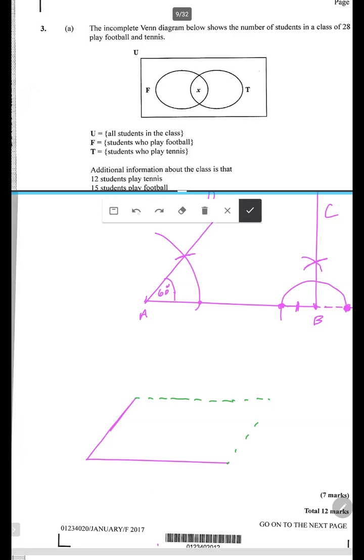So as I said, to get that parallel line, what you do, you use your compass and you measure the length of this. Use a compass and measure the length of this line. Right? Now you measure the length of this line with your compass. So you put the point of the compass at this end and open the pencil point to this end and measure it with your compass.